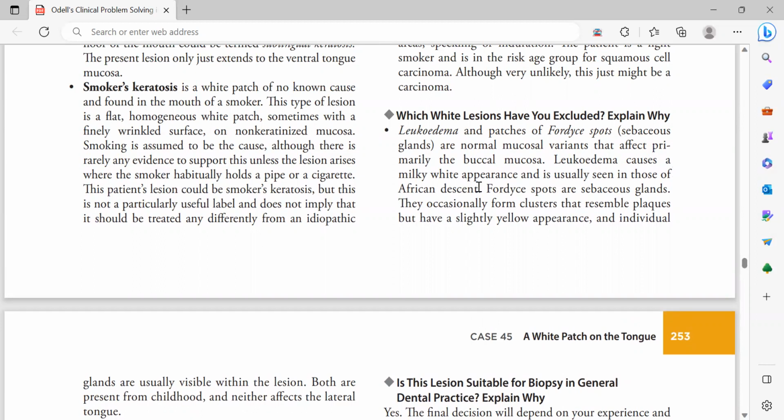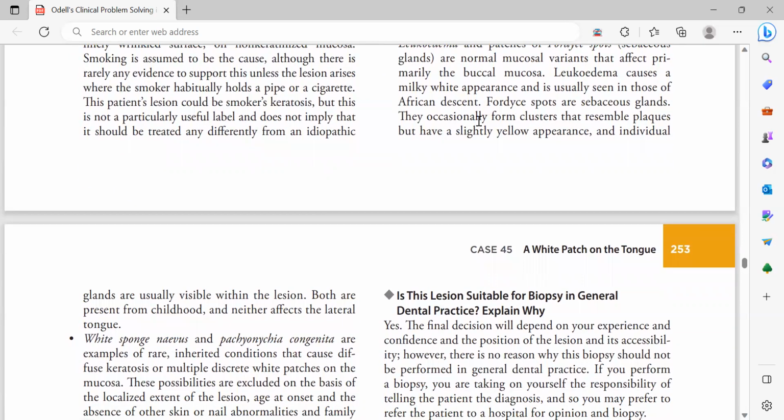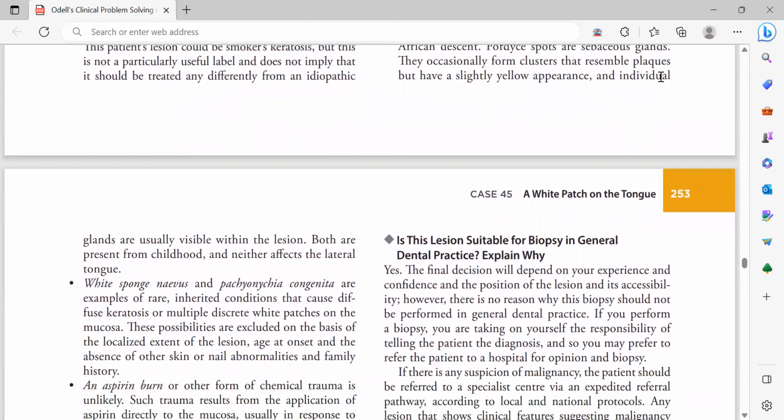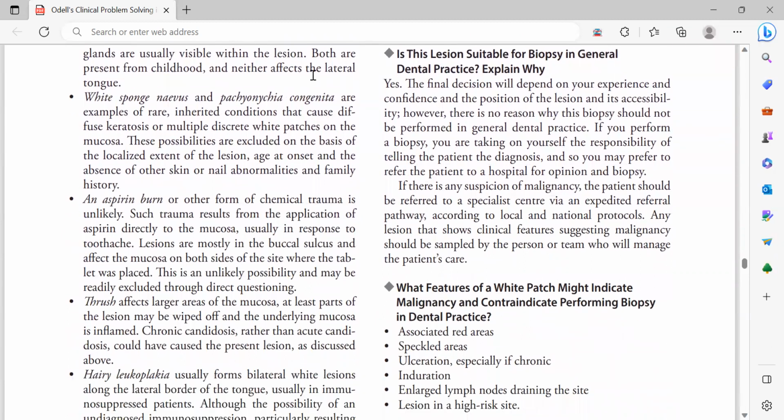Leukoedema causes a milky white appearance and is usually seen in those of African descent. Fordyce spots are sebaceous glands and they usually form clusters that resemble plaques but have a slightly yellow appearance, and individual glands are usually visible within the lesion. Both are present from childhood and neither affects the lateral tongue.